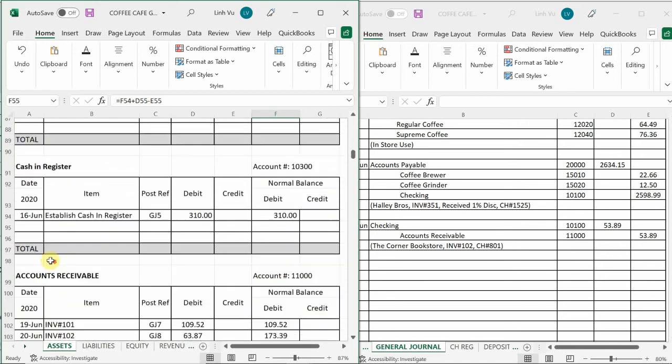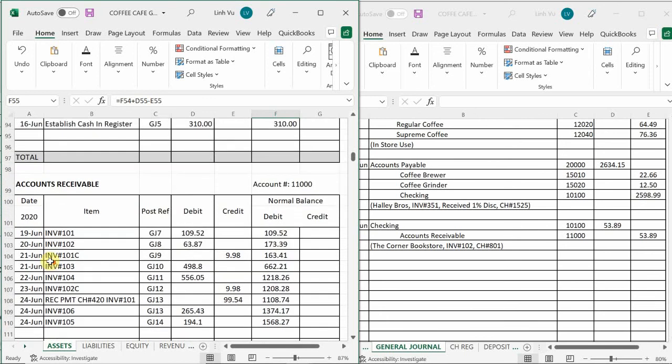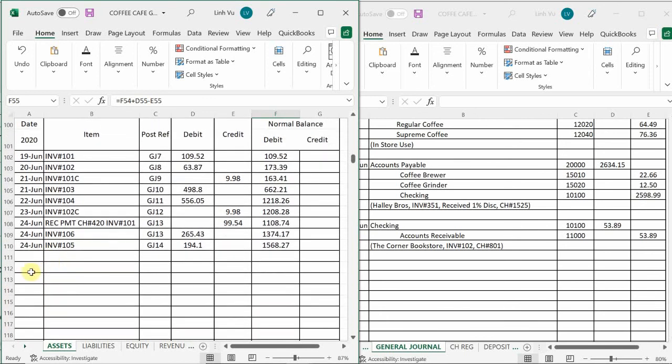And then we also need to say that we are reducing our accounts receivable. Okay, so receive payment, invoice number 102, check number 801.